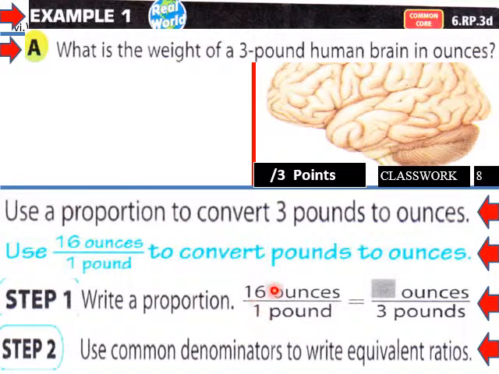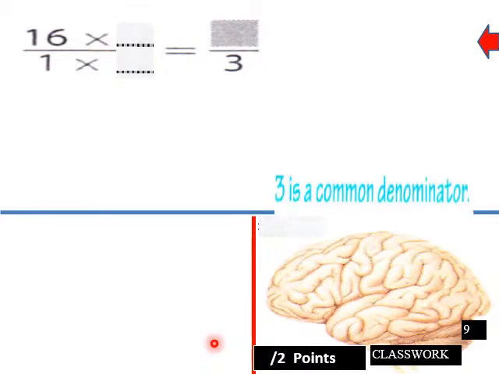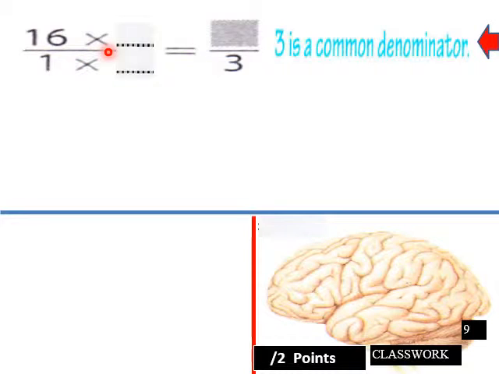So how will we get that? What about cross multiplying here? We cannot mix different kinds of units. So if 16 ounces equals 1 pound, then what equals 3 pounds? Don't we have to multiply? 16 to 1 times blank over blank equals 3 as a common denominator.